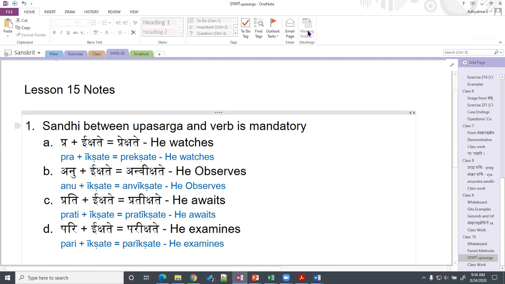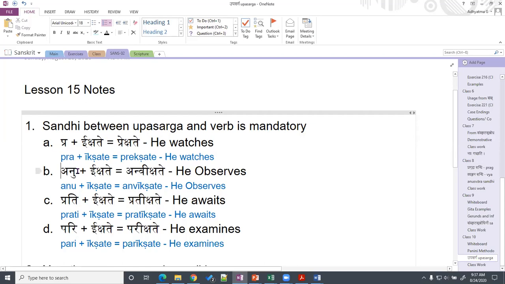But between an upasarga and a verb, we don't have a choice. Sandhi is mandatory. So pra plus ikshate, this verb here is ich. Ich means to see. So when you put pra and ikshate, it becomes prekshate. He watches.